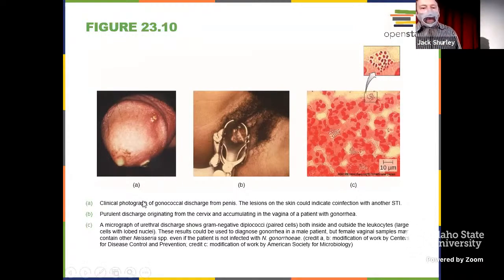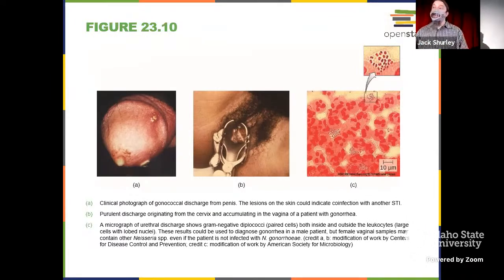So here we could see a penis with the purulent discharge. There are other issues as we see some of these lesions indicating potentially a co-infection with some other STI, possibly syphilis. That's my guess as I look at that, but there are some other potentials.